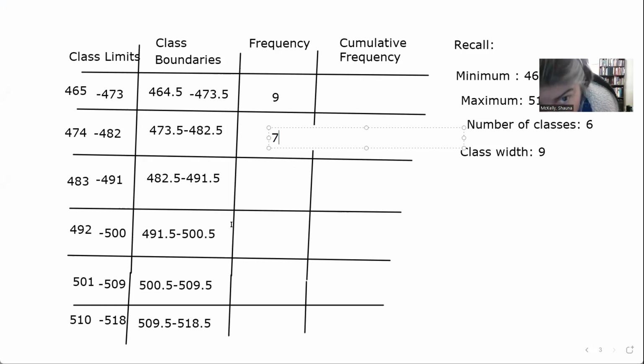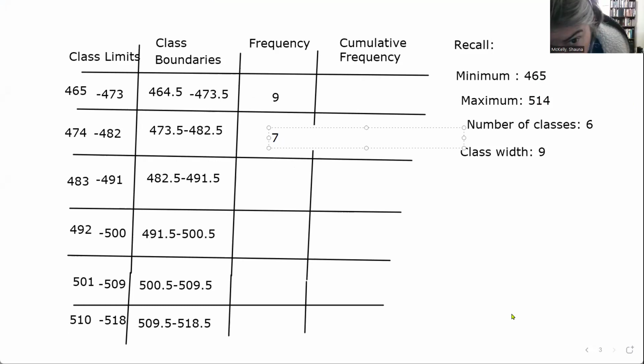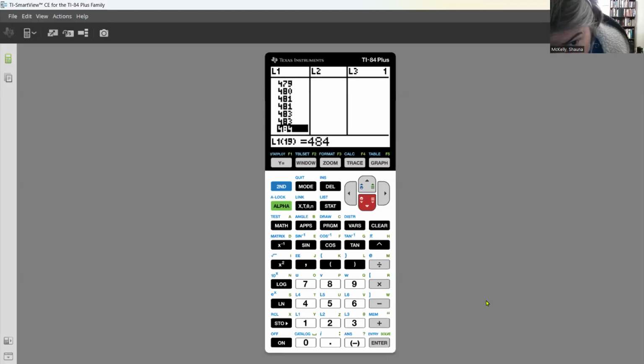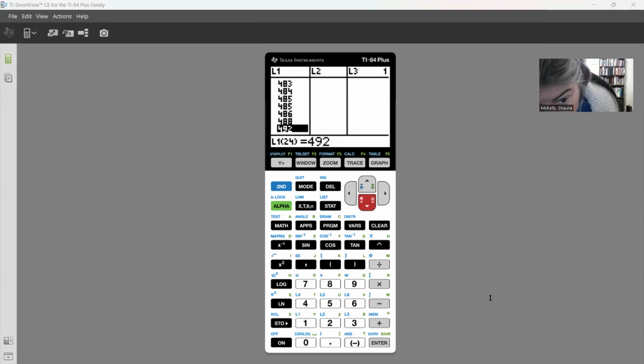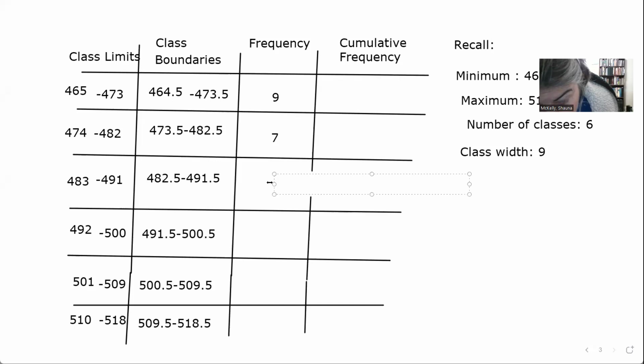Now we're going to count from 483 to 491. 1, 2, 3, 4, 5, 6, 7. 7 elements here. Okay.